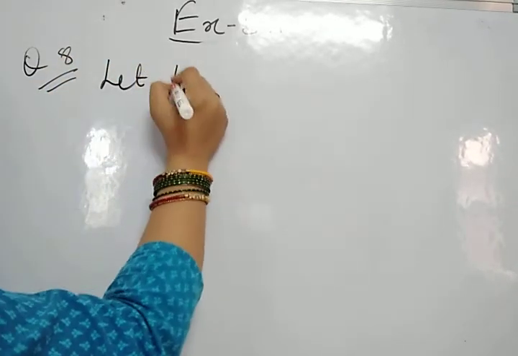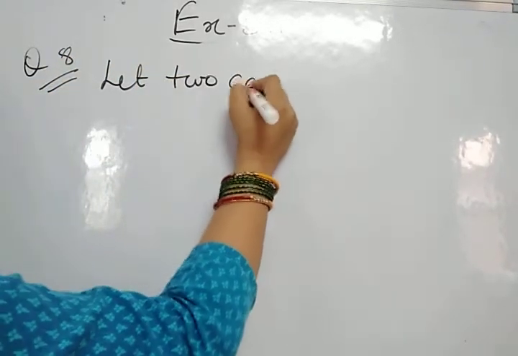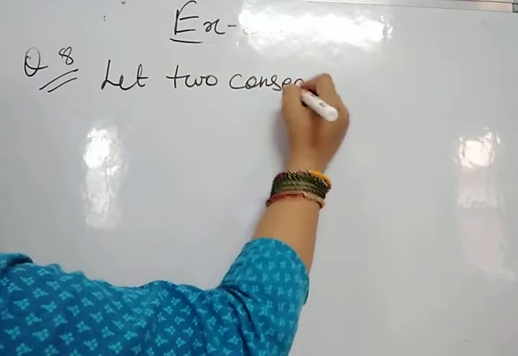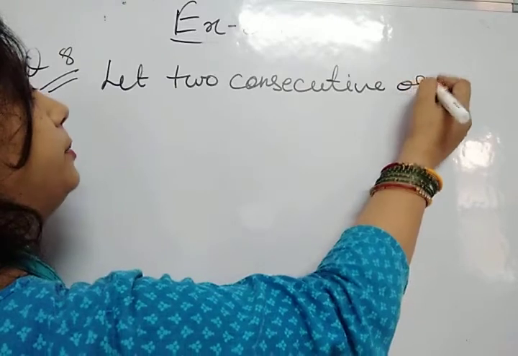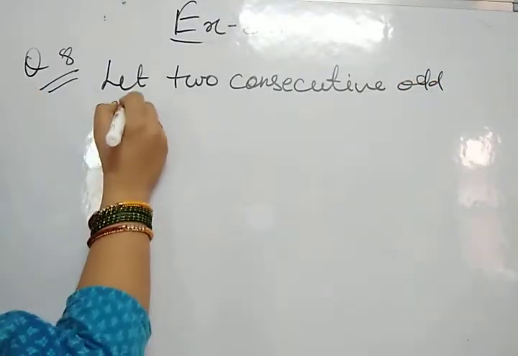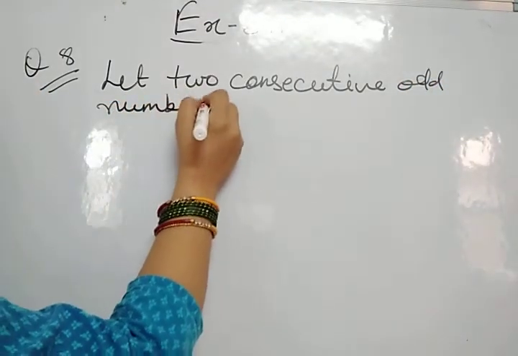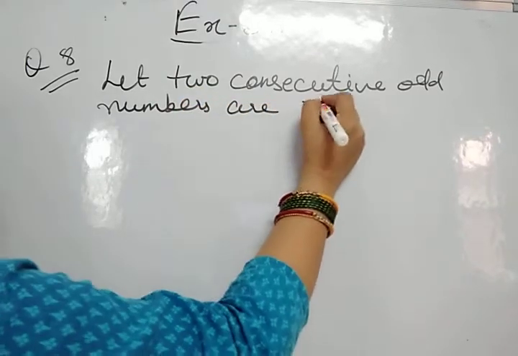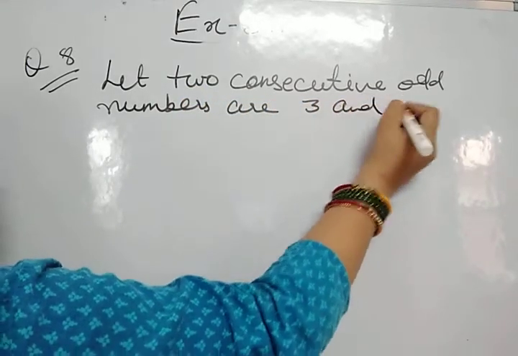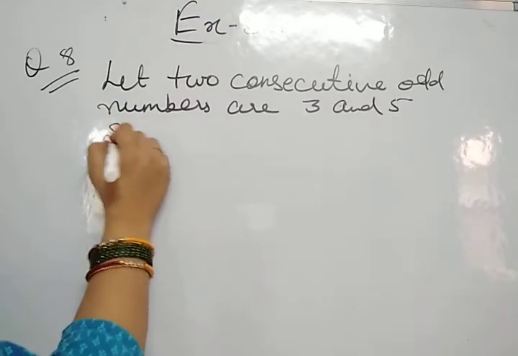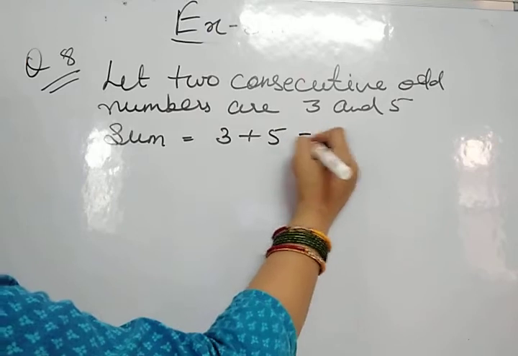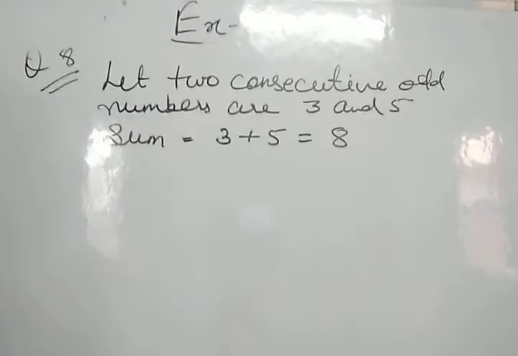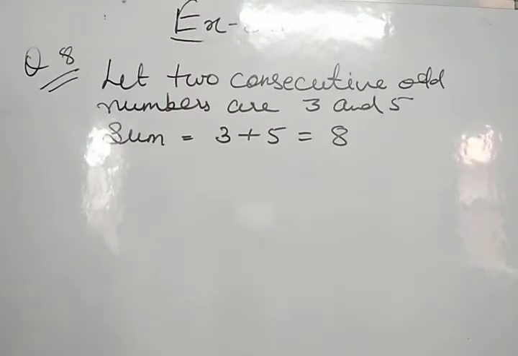Let two consecutive odd numbers be 3 and 5. Find out their sum. Their sum is 8. So 8 is divisible by 4.